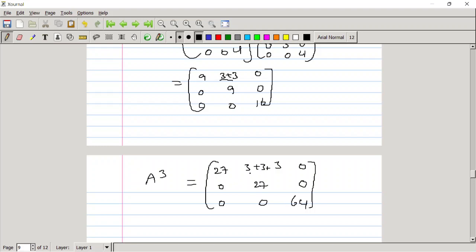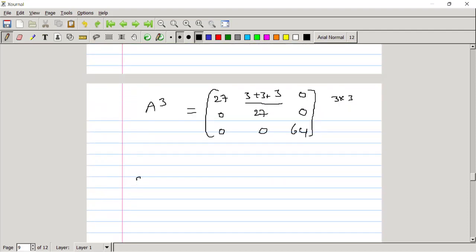And the second element is nothing but 3 times 3. That is, whatever power we are using, this number times 3. For the A square matrix, we get 2 into 3. That is the pattern we are getting.